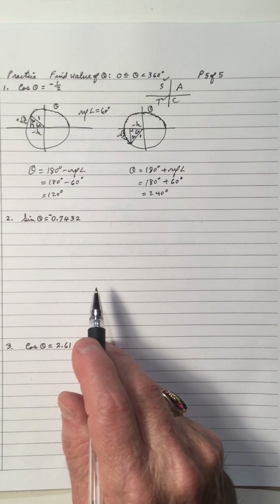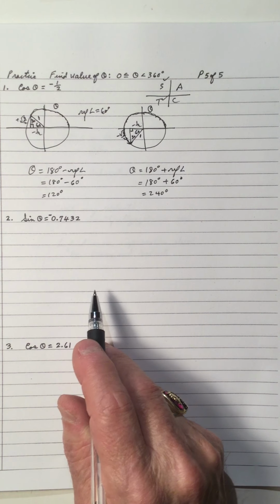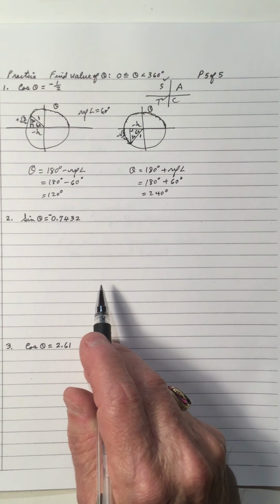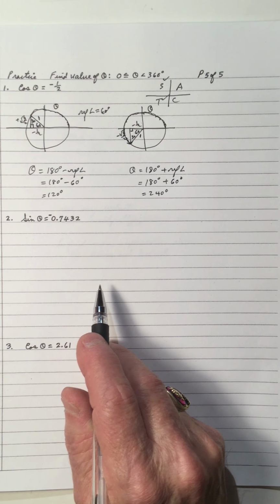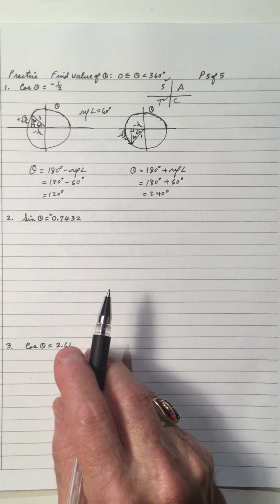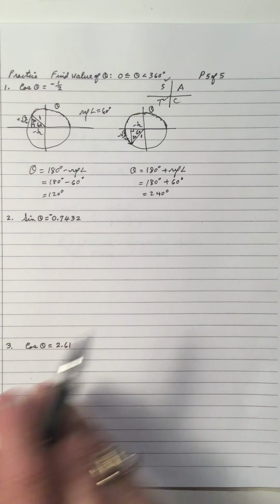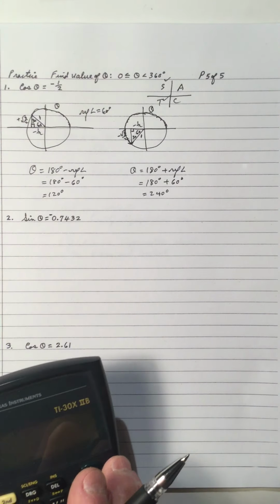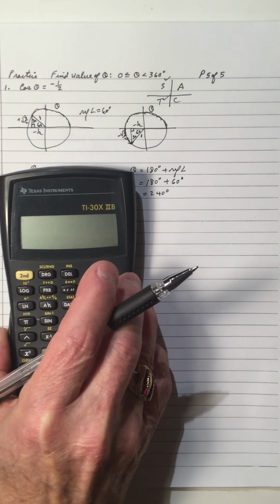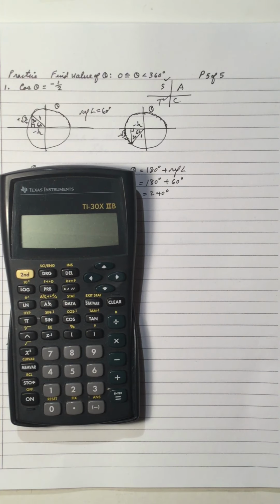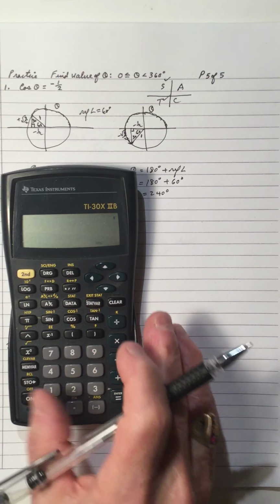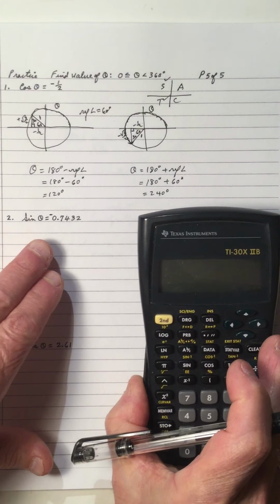And we have another one to do, but we can't do this one because it's not a special right triangle, so we have to use our calculator. Here we go. I have the sine.